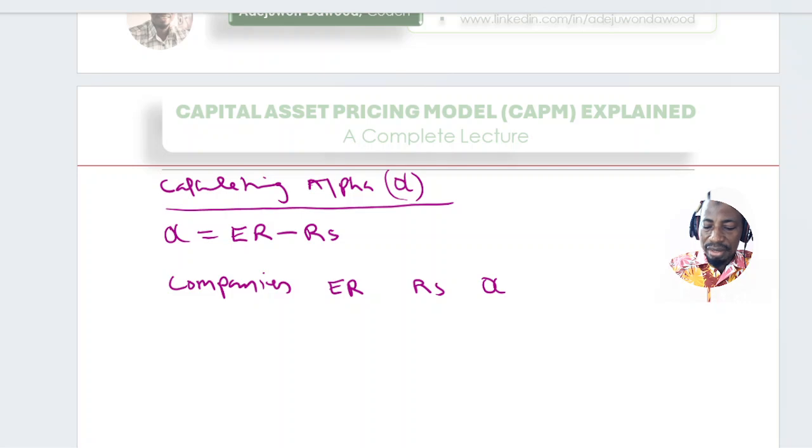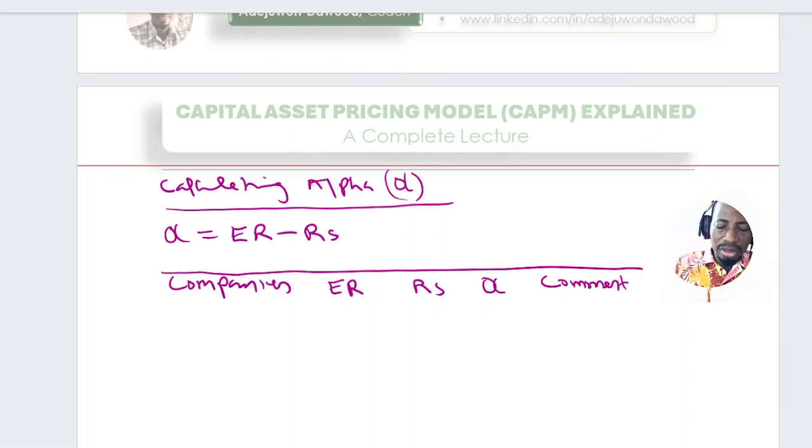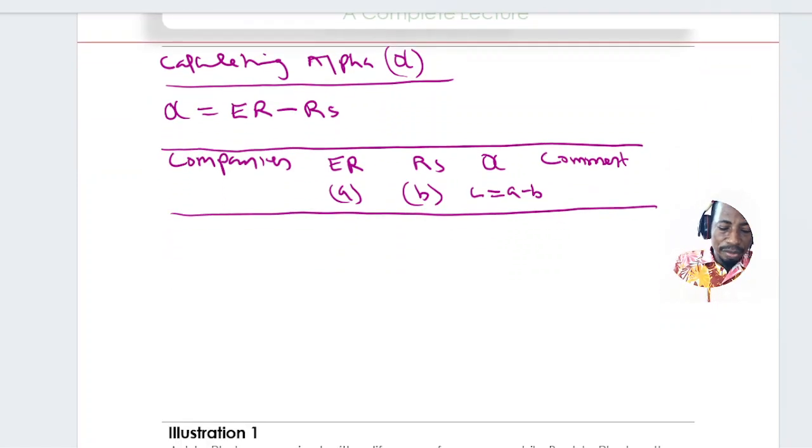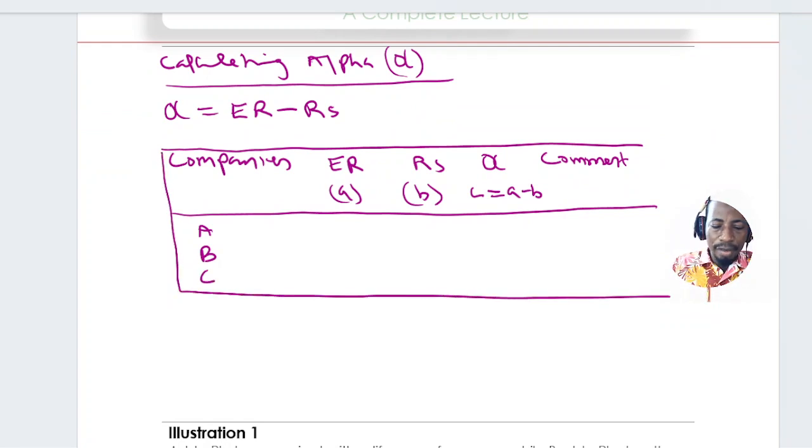If you like, you can include a column for comments, because once you compute your alpha value, you are expected to interpret your result. So let's say this is A, this is B, this is C, equal to A minus B. Say for example, you have company A, company B, then company C in the portfolio.